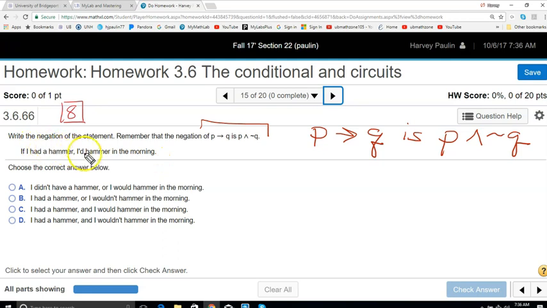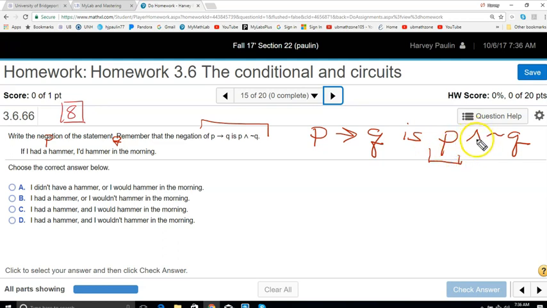If I had a hammer, then I'd hammer in the morning. Now we want to write the negation. So P is the statement, if I had a hammer, and Q is the statement, I'd hammer in the morning. So we're going to go, I'd hammer in the morning, if I had a hammer for P.